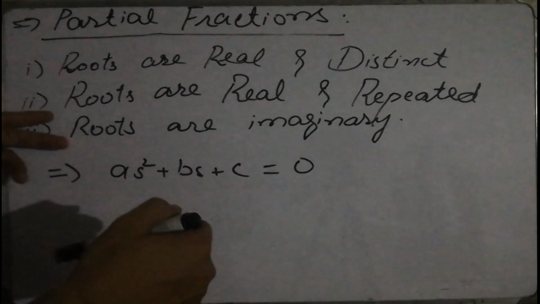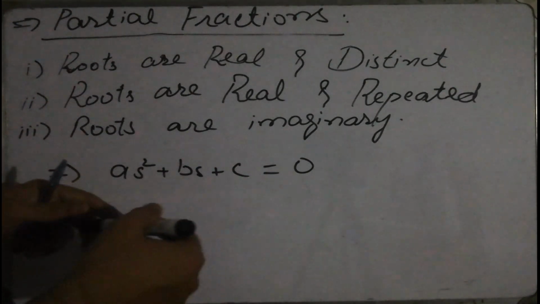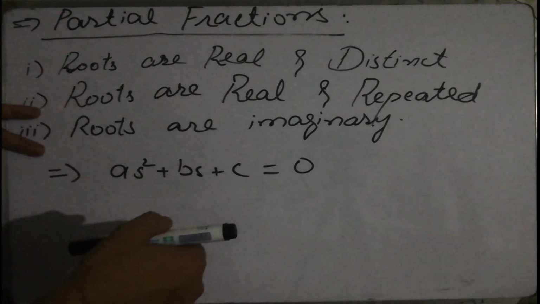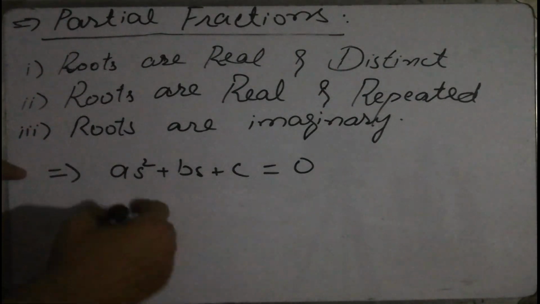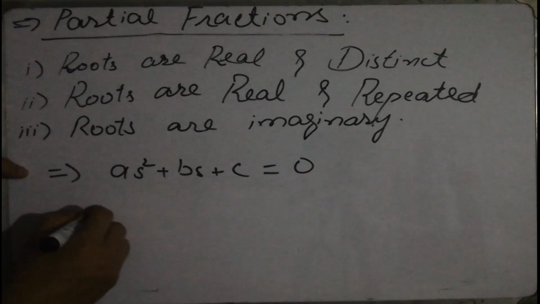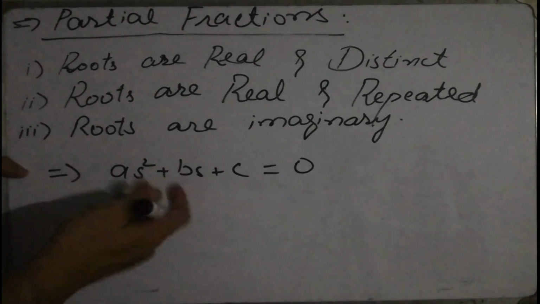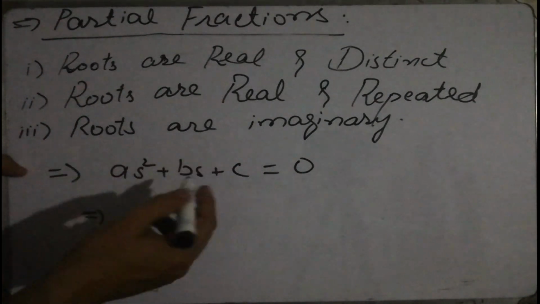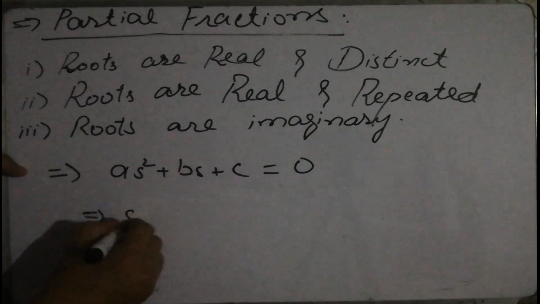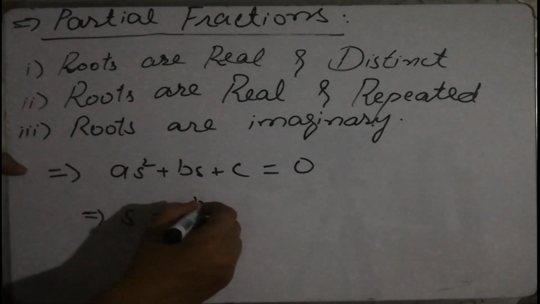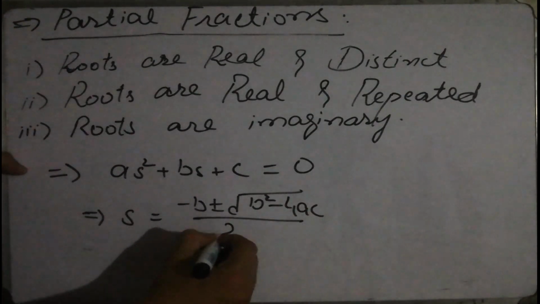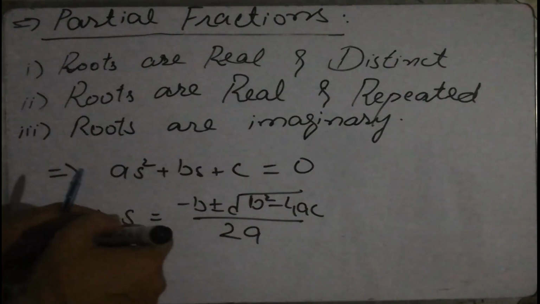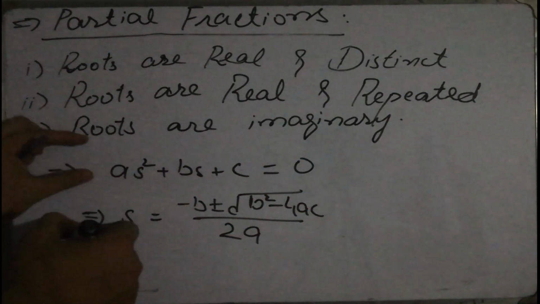Now if the roots are imaginary, that means if it is a complex number or imaginary number. In order to find the roots, we generally use the quadratic formula, if it is not factorizable. Now this will be our roots for this equation.